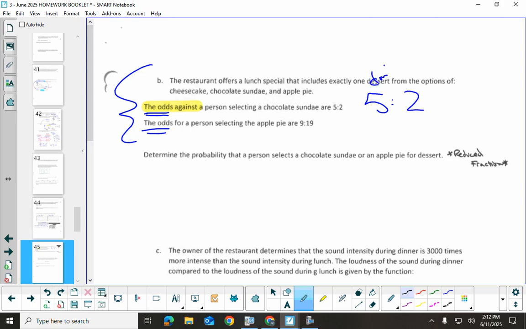So the first number, because it's odds against, is they don't want the sundae. They do want the sundae. Okay, so odds against, the first number is the not, the second number is the yes.